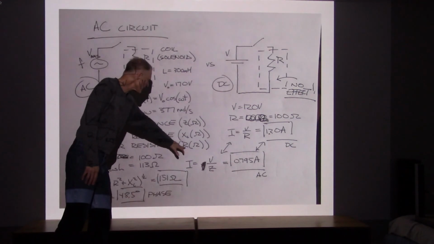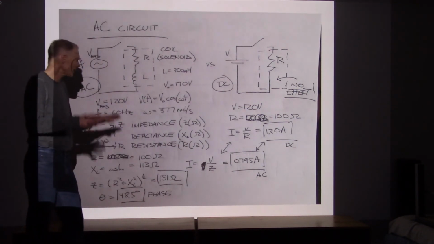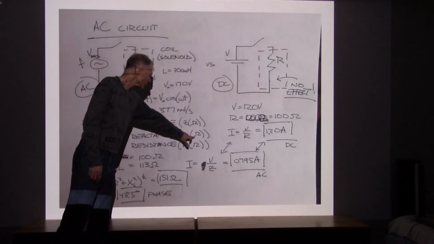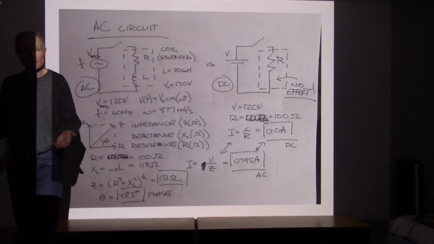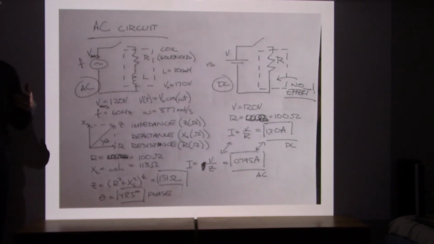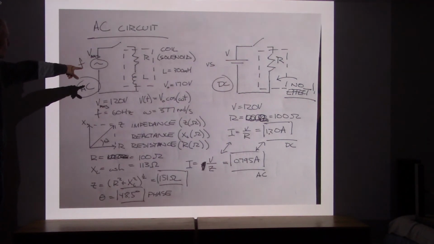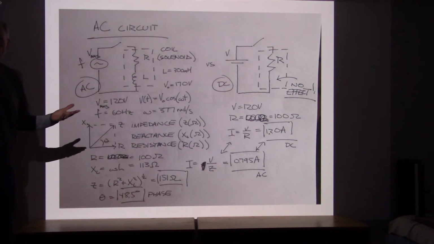So the resistor is going to produce some resistance. Now, in addition to that, the reactance of the inductor is also going to present some resistance. So I've got two different types of resistance. The resistance from my resistor, the resistance from my inductor. They just go by different names.